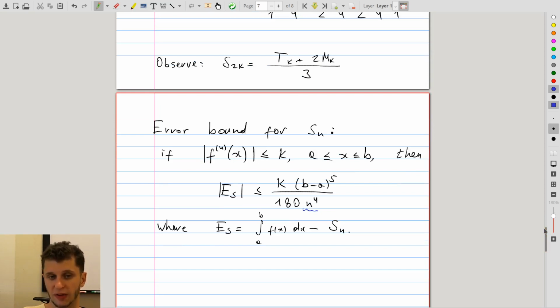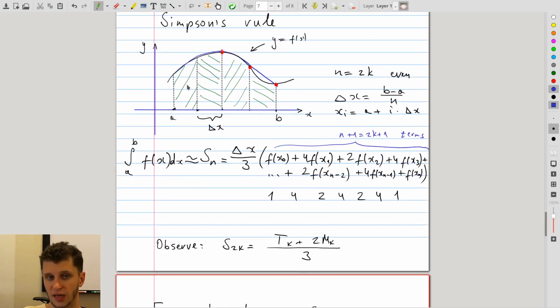This is due to the fact that you're dealing with functions that have more derivatives. The assumption of Simpson's rule is that you can look at the fourth derivative, so that means your function is much nicer, much smoother than was assumed in the other two rules. So it's much more amenable to being approximated with little pieces of parabolas.